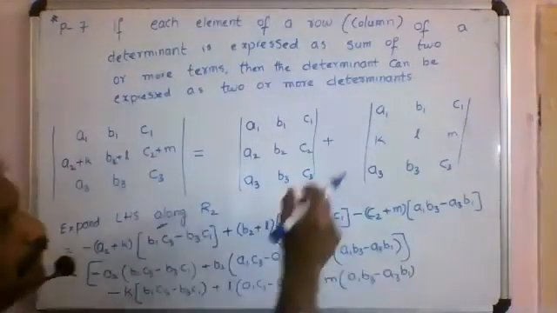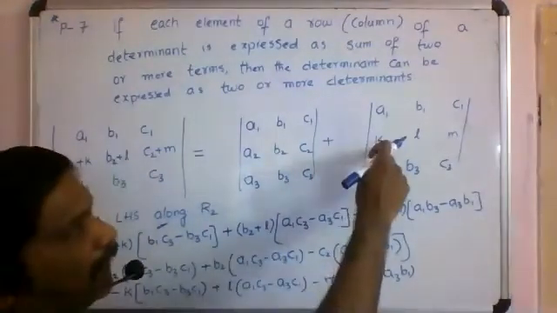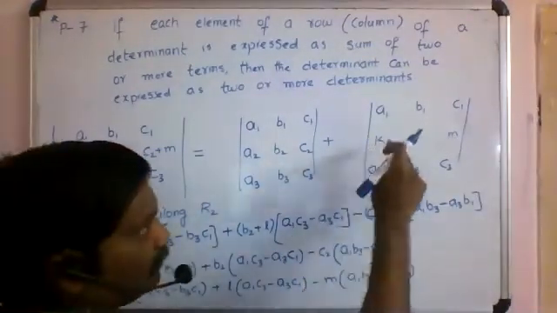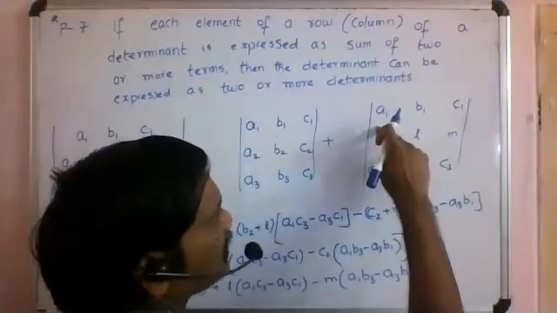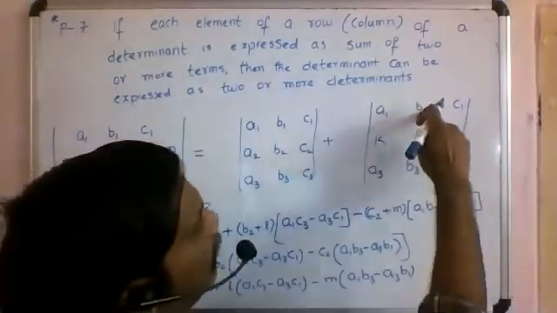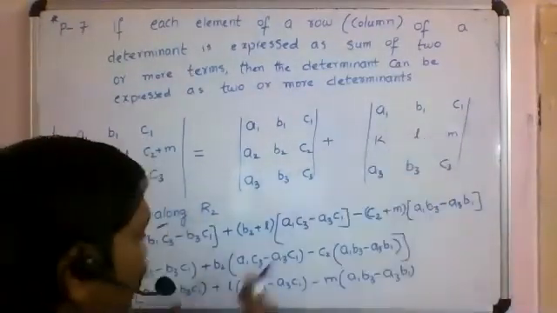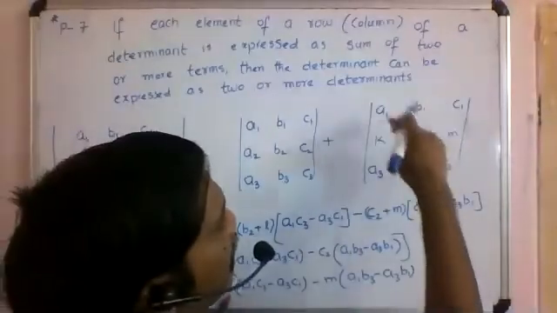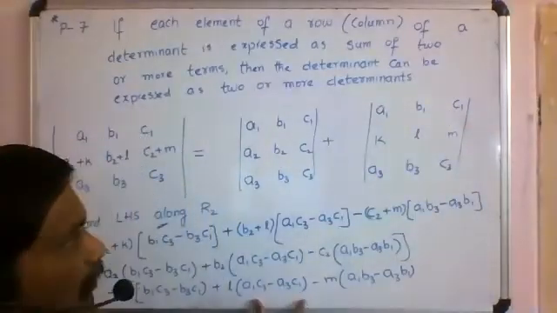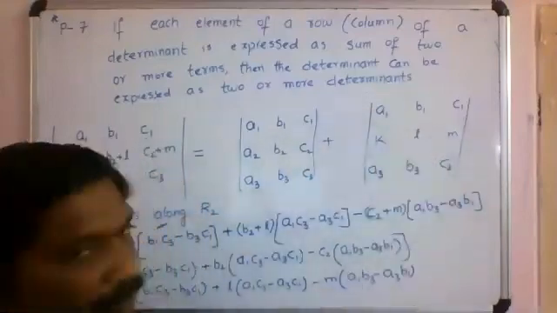Similarly, this also expand along second row, minus K times B1 C3 minus B3 C1, we got the same thing, plus L into A1 C3 minus A3 C1, minus M into A1 B3 minus A3 B1.